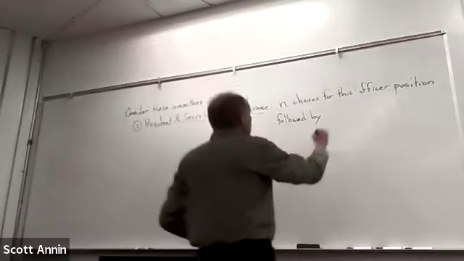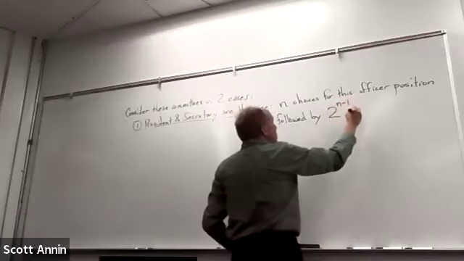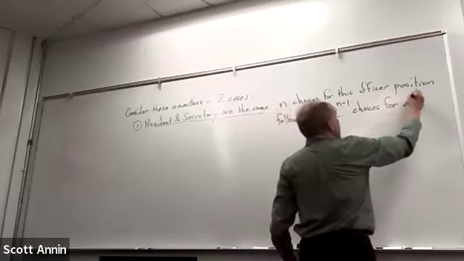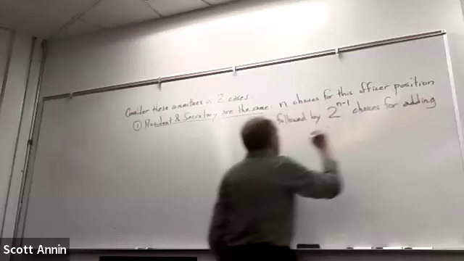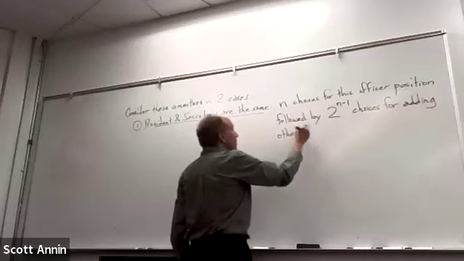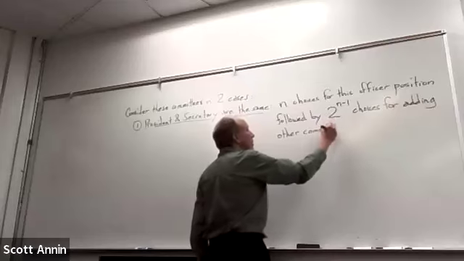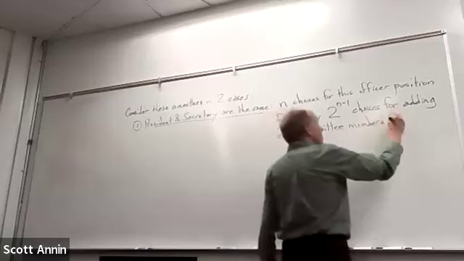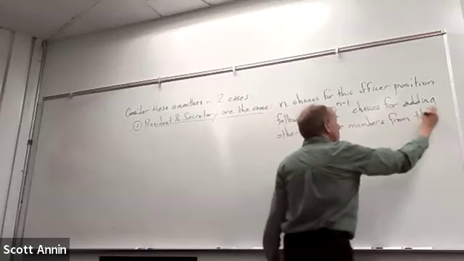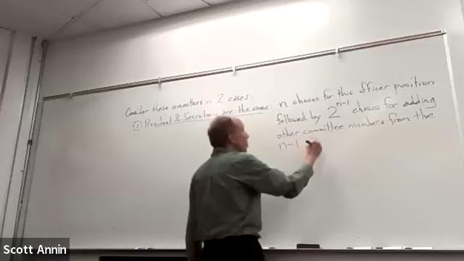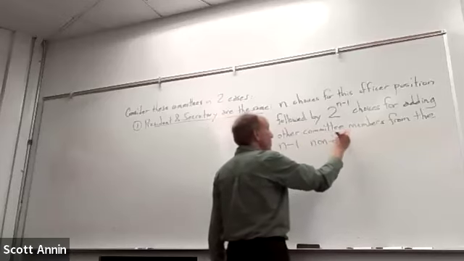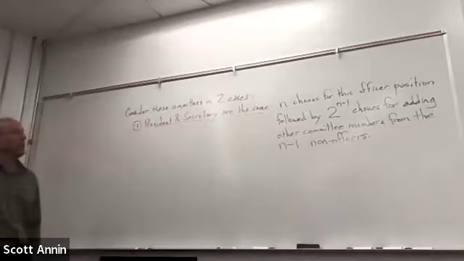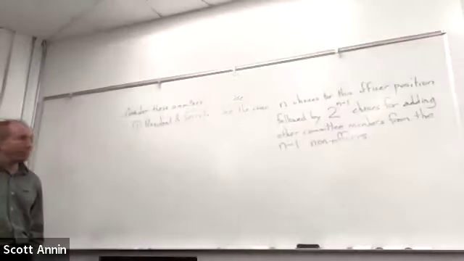So followed by 2 to the power of n minus 1 choices for adding other committee members from the N-1, I'll call them non-officers. So the people who are not the chosen officer, there would be that many choices.